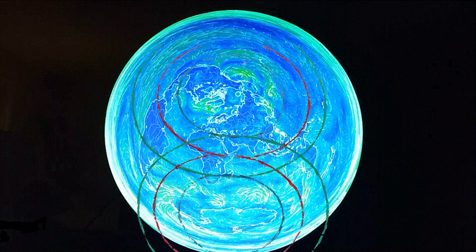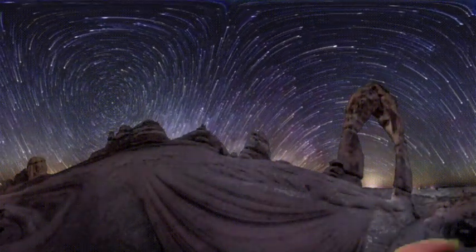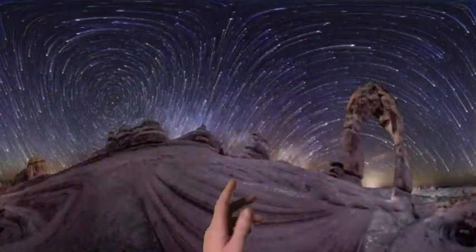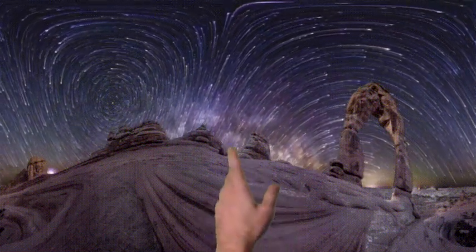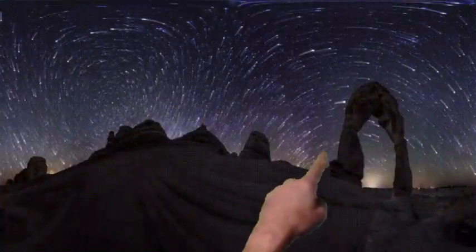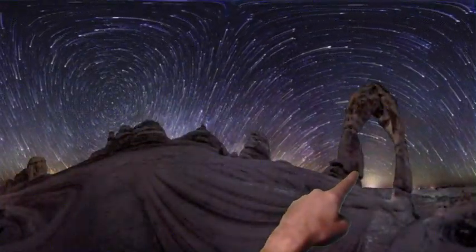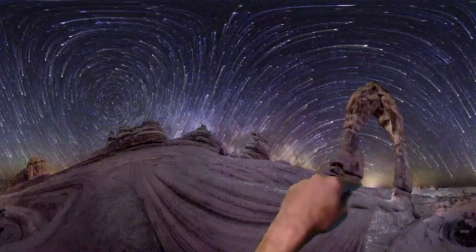So if I bring you back to the actual stars, you can see what we see in the sky. This is in a desert in Arches National Park. If you're looking north, this is the North Star. This is the south, well, it should be the Southern Cross, but you can't actually see it, it's down below the horizon.